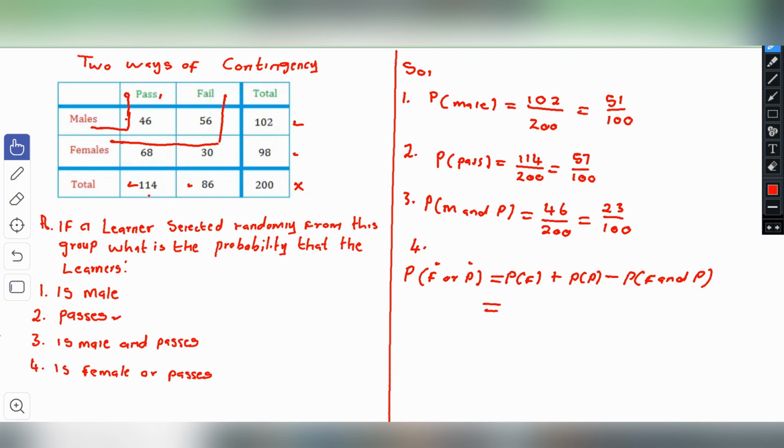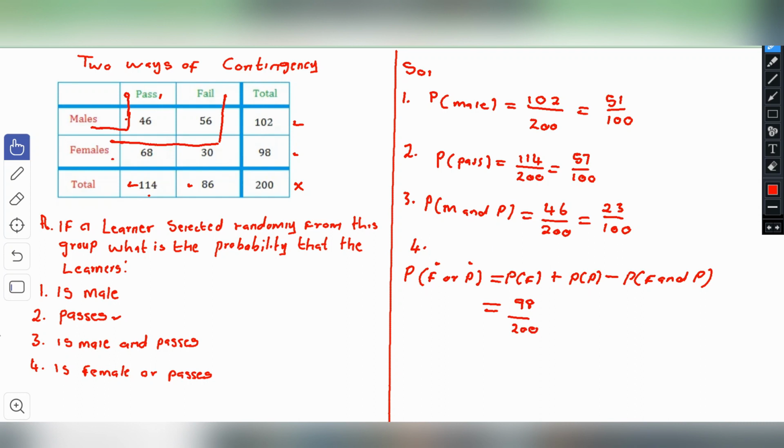And then what is the probability of female? How can we calculate the probability of female? The total number of females is 98. Therefore, it means we're going to have 98 divided by 200. I hope you guys can see it.